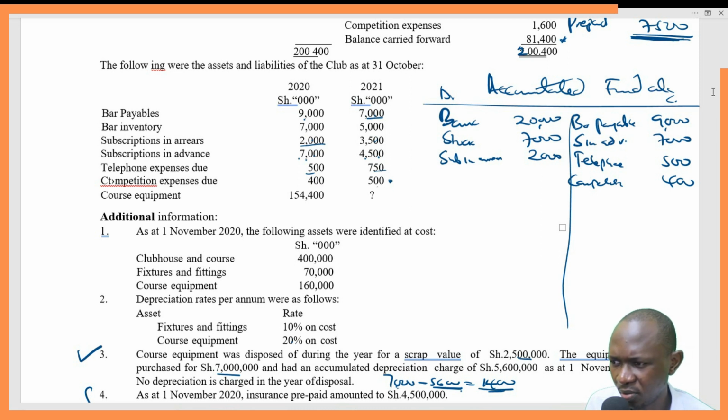Buy payables, buy inventory, subscription arrears, 2,000, 7,000, 500, 400, we've captured. Cost equipment, this was an asset. We started with 154,400. That is perfect.